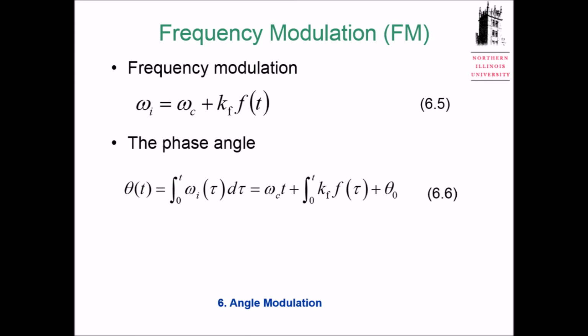Later we will give it a name, peak phase deviation. We'll talk about that later. So this is PM. Just remember, your phase is related to the message in this case. Any questions?